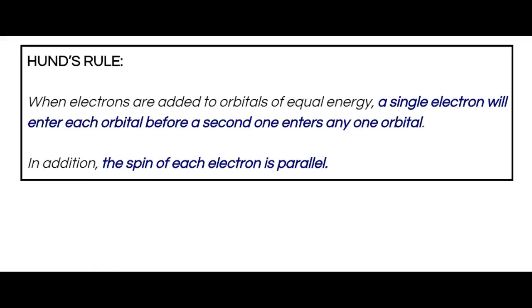So what we're saying here really is this. Let's say, for instance, I had 2 electrons filling this p subshell. What I wouldn't want to do is put 2 of them in the same orbital before filling the others.